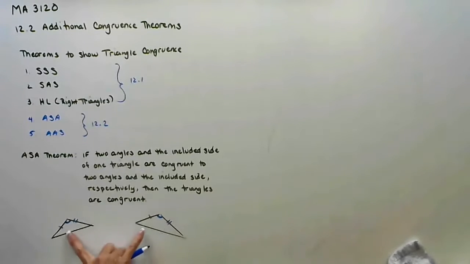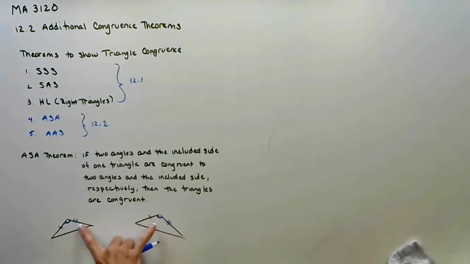All right, so I know these two are congruent because they have the same congruent mark. I gave them one hash mark. I know these two sides are congruent because I gave them the same double hash marks. If the angle between them is also congruent with the same congruent mark, then I know that by angle side angle, these two triangles are congruent. All right, so that's what that one looks like.